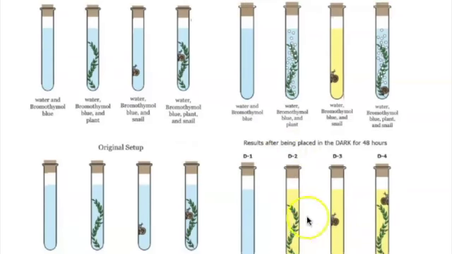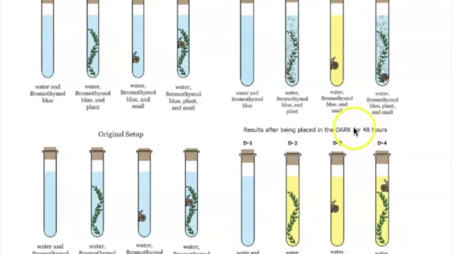So why is that not happening in D2 and D4? Why don't we have the same results? Well, that's because this experiment ran through the dark. Without sunlight, these plants cannot go through photosynthesis. Instead, they can only go through cellular respiration, which means they're using up any oxygen that happens to be in this test tube and are producing CO2, carbon dioxide.